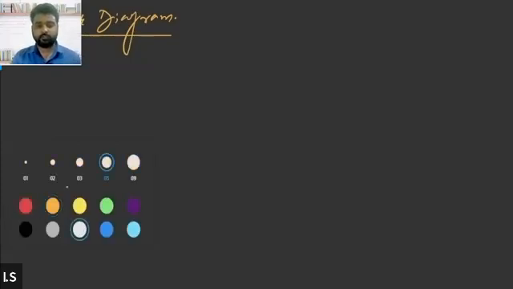What actually is a scatter diagram? Let's write down the definition first.